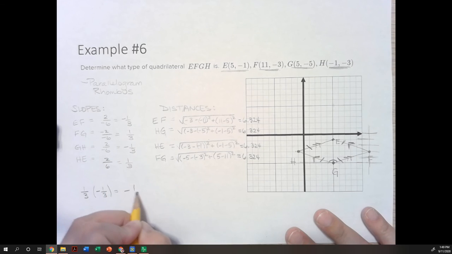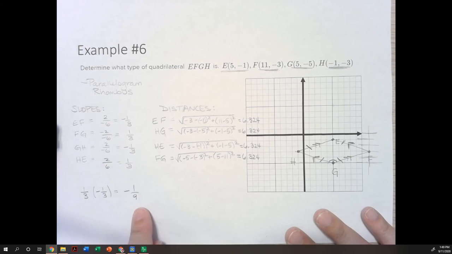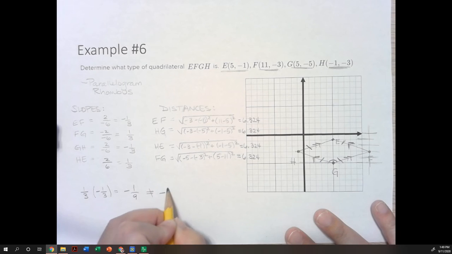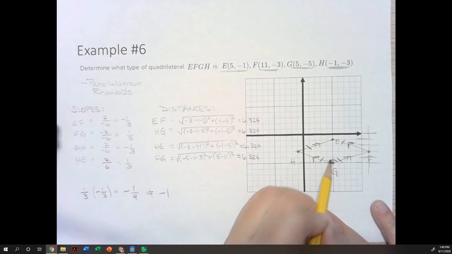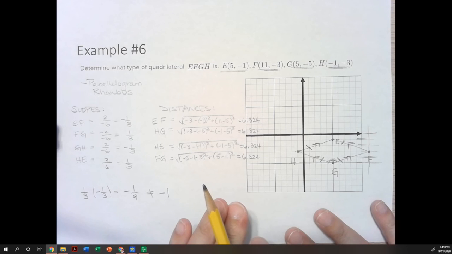Okay, that equals -1/9. Okay, it doesn't equal -1. Okay, which means this is not a right angle. And if this had been a right angle, I would have had to start going around. But since I have one that is not a right angle, remember to be a rectangle or a square, you have to have all four be a right angle.